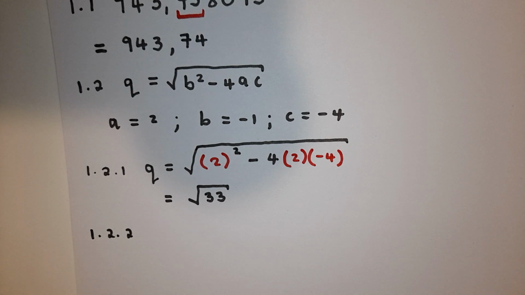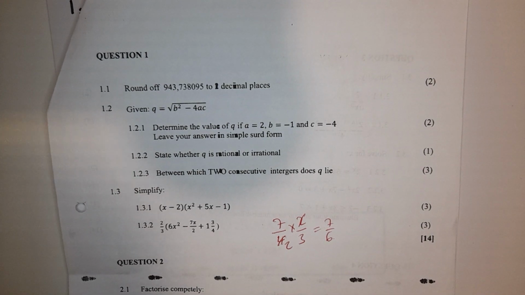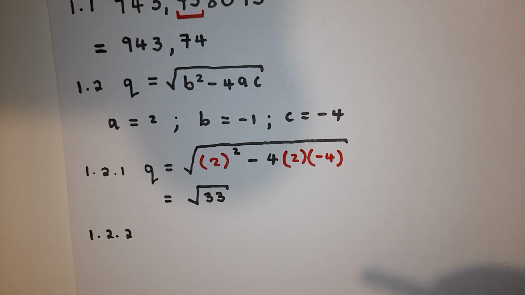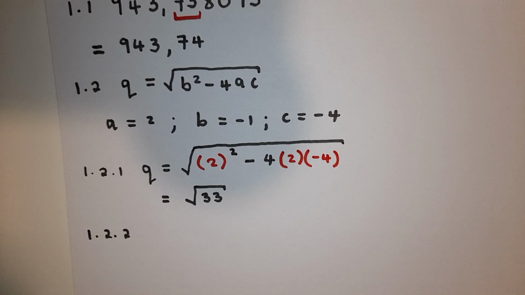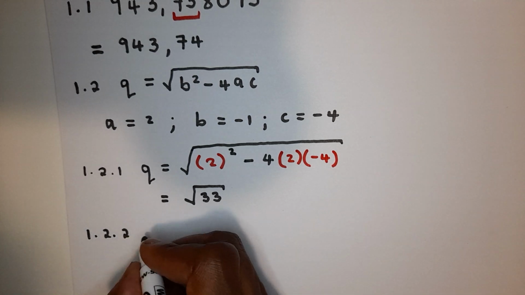Then grade 10s, 1.2.2. We are asked to state whether Q is rational or irrational. You should recall that rational numbers are numbers that can be written as fractions, or decimals that are terminating or recurring. So if you look at root 33, this is a surd which cannot be simplified further.